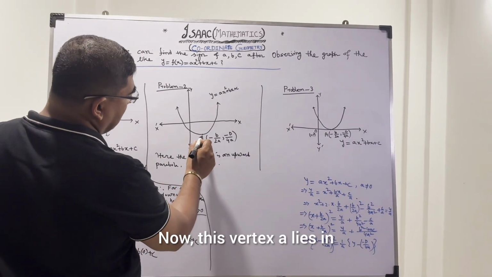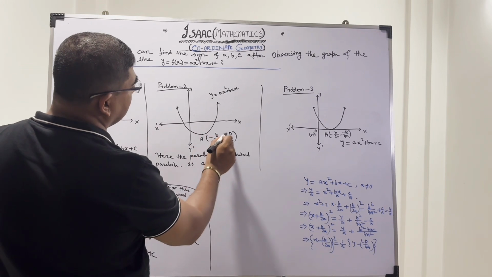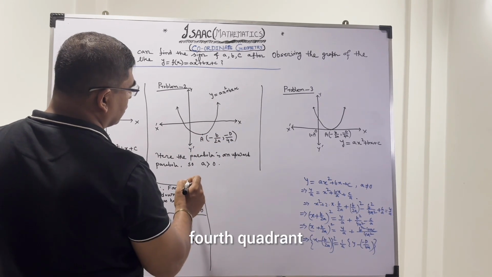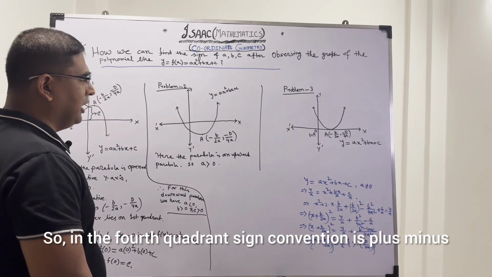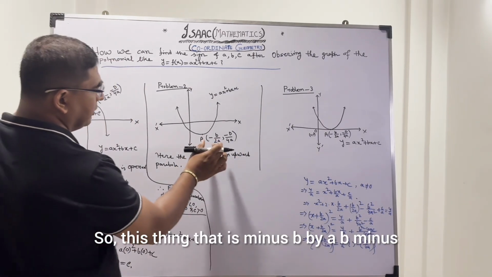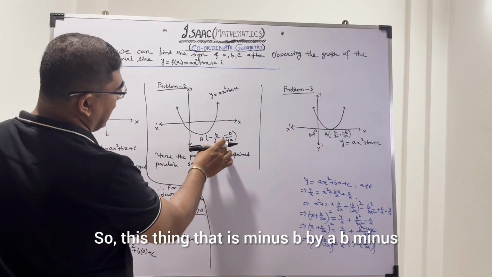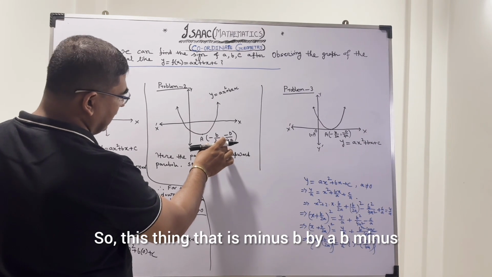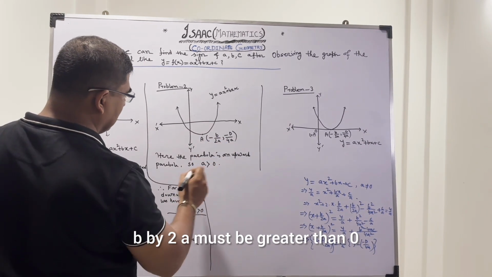Now this vertex A lies in the fourth quadrant. So in the fourth quadrant, the sign convention is plus minus. So this thing, that is minus b by 2a, must be greater than 0.